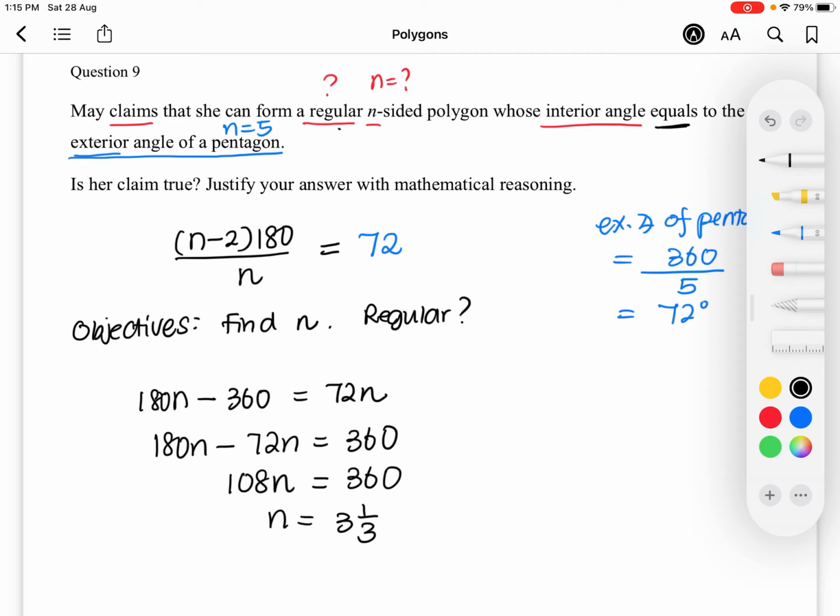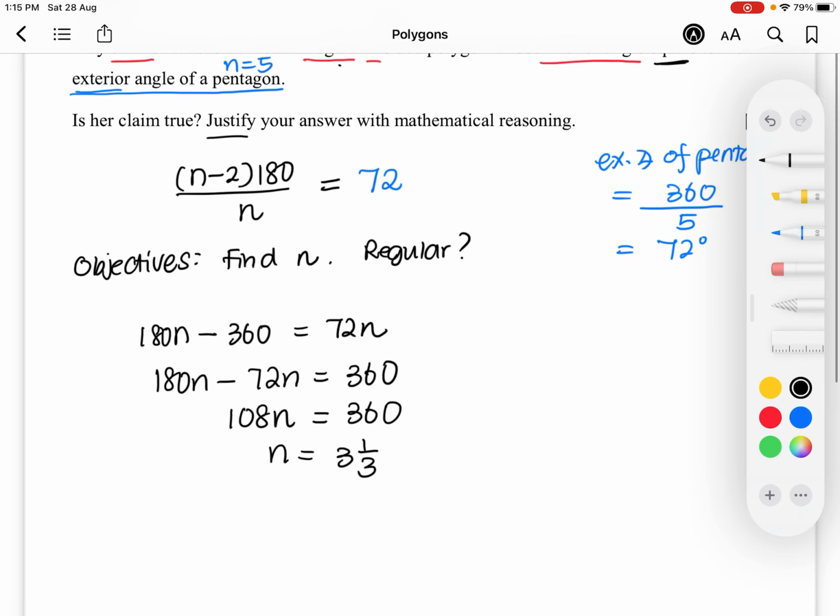Okay, so I found n. Is this a regular polygon? How do I decide whether it is a regular polygon? Well, if it's a regular polygon, the number of sides will be an integer. So how do we justify the answer?